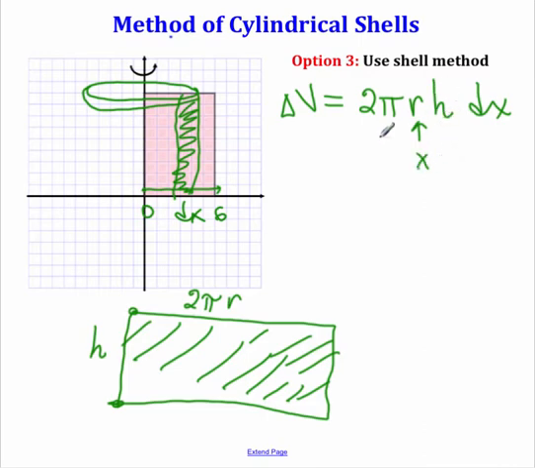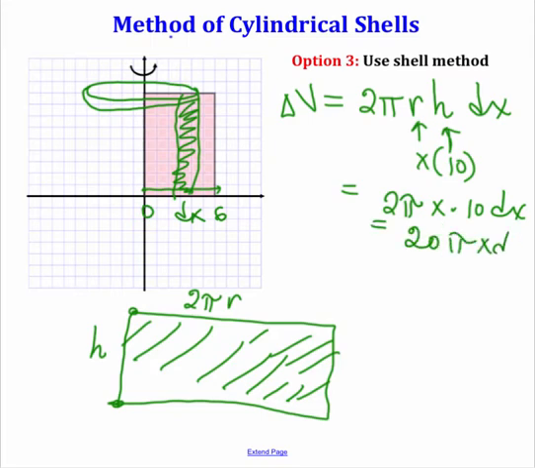The height doesn't actually change. The height of each shell does not depend on which x value we're using. It's consistently going to be just 10, so I don't need an expression for it in terms of x. So I have 2 pi x times 10 times dx, and we simplify that and get 20 pi x dx. So that is the volume of one single shell.